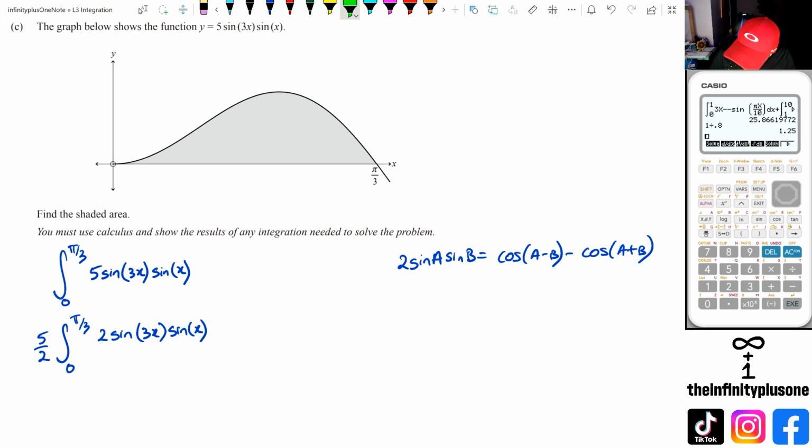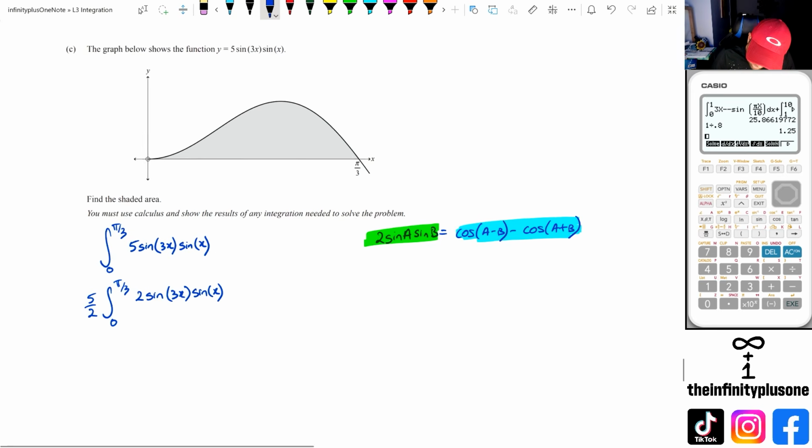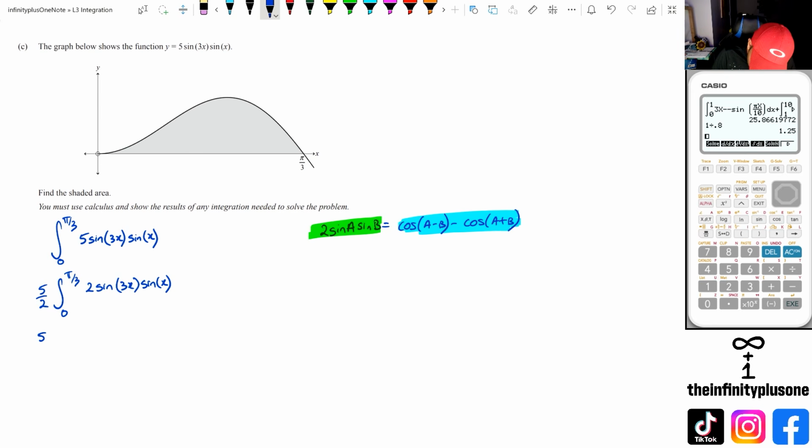Because now I've got 2 sine A sine B, it's very easy to substitute it with cos A minus B minus cos A plus B. So I'm going to rewrite this as 5 over 2 integral of pi over 3 to 0, and I've got cos 2x minus cos of 4x dx.